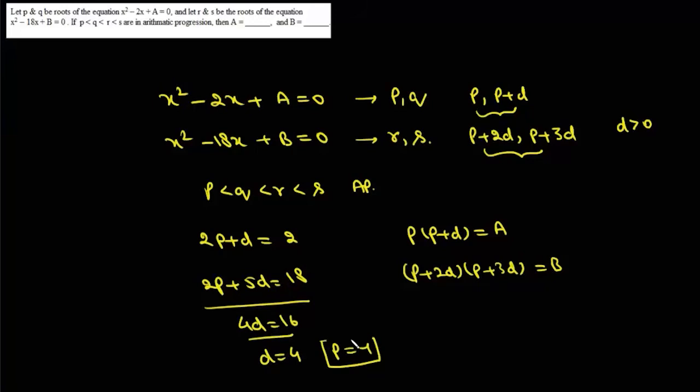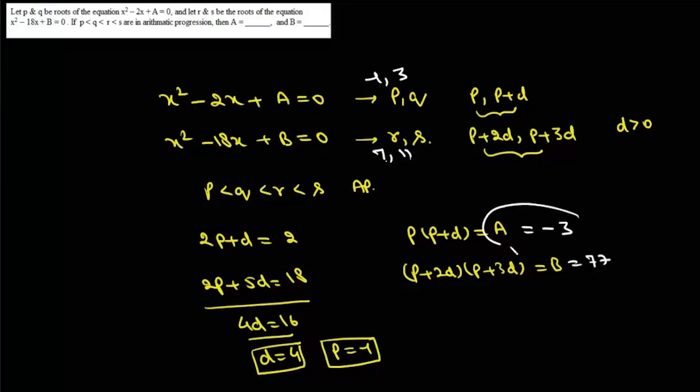Now the four terms of AP are minus 1, minus 1 plus 4 is 3, 3 plus 4 is 7, 7 plus 4 is 11. Now A is nothing but product of roots, so this is minus 3, and B is product of roots of the second equation, and that will be 77. So value of A is minus 3 and value of B is 77, and that is the answer to this question.